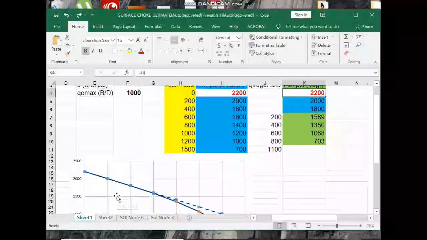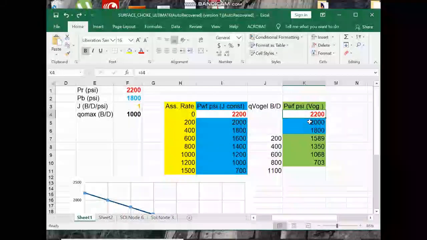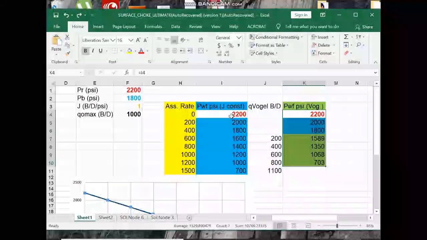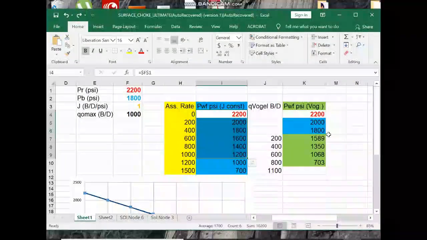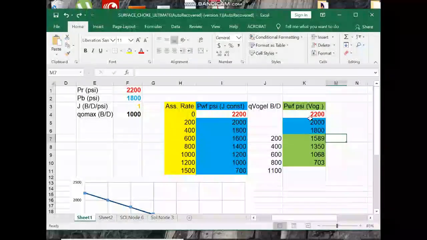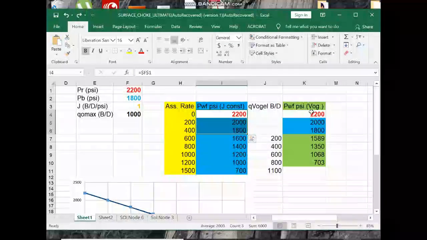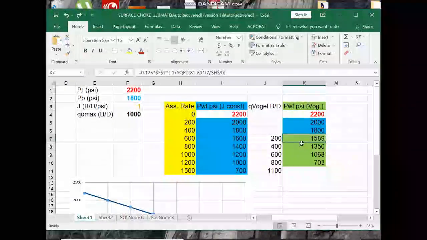But for Excel, to compare two equations, we need the whole data set, okay? So before the bubble point in Vogel, we just replicate these data here, they are the same. And then we start from here.